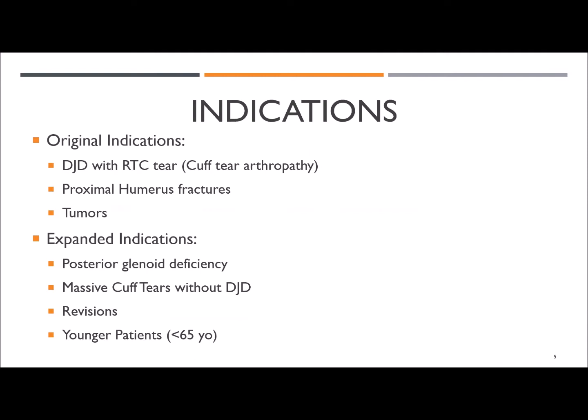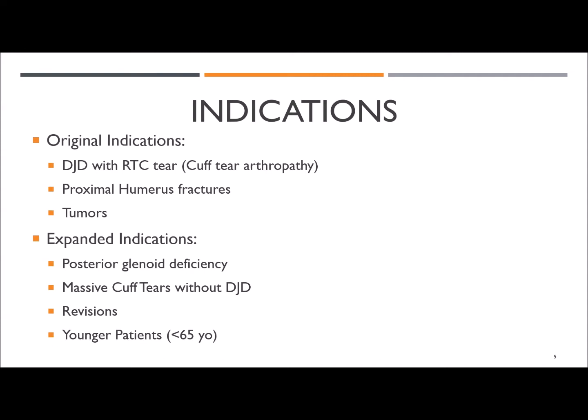So reverse shoulders are for that. Massive cuff tears without arthritis. So if you don't have arthritis, but you don't have a rotator cuff, then one of the things to think about for patients in that scenario is a reverse shoulder, because once again, the deltoid muscle is then leveraged to allow for active abduction and forward flexion to compensate for the loss of the rotator cuff.